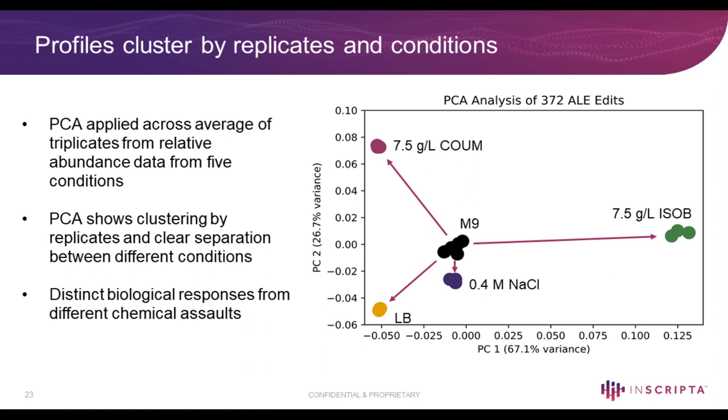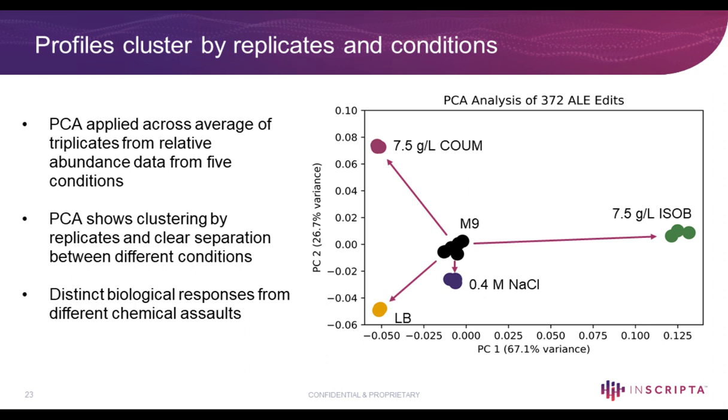So there's a clear separation of each of the individual chemical stresses, so the population is behaving differently. And with the replicates, you can have high confidence moving forward that you're getting reproducible data. Not only are they behaving distinctly, but they're very nicely reproducibly behaving in a distinct manner.